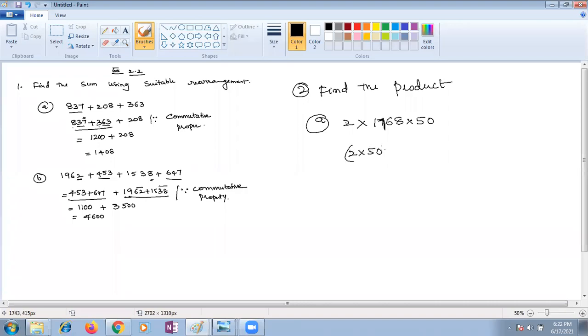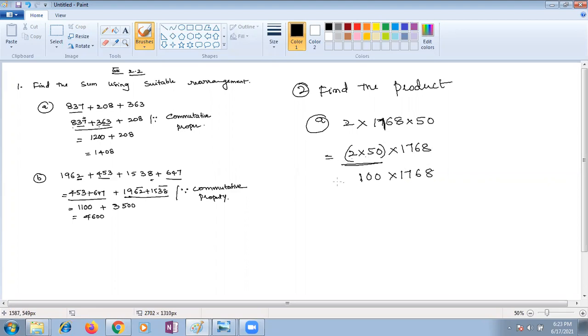Wonderful. 2 into 50 you make as a set. Very good. 5 twos are 100. Very good. It's 100 multiplied with 1768.